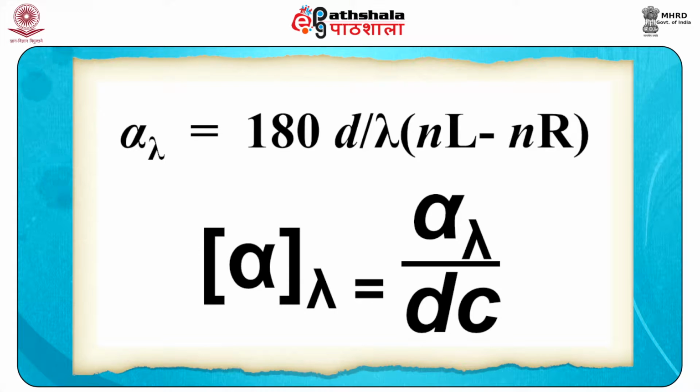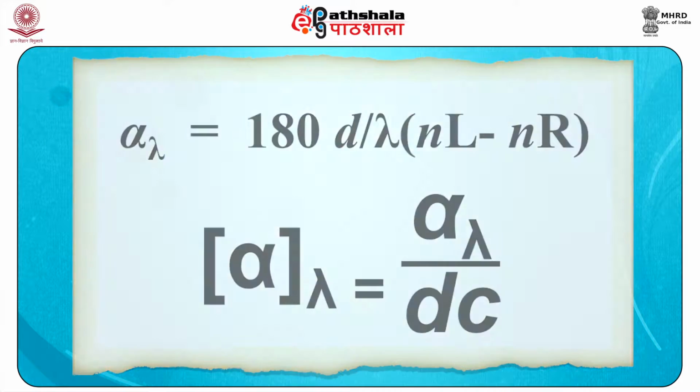The bracketed term alpha at lambda is called specific rotation and is equal to [alpha]lambda = alpha lambda divided by dc, wherein alpha lambda is the observed rotation in degrees, d is the light path in decimeters and c is the concentration in grams per liter.